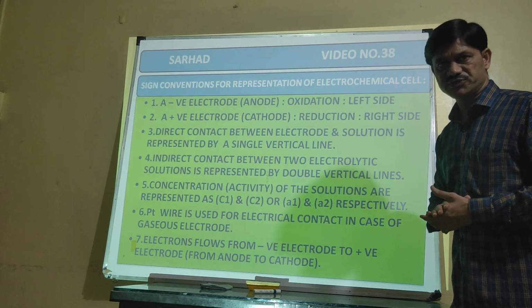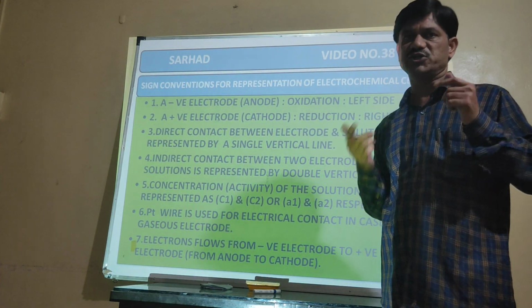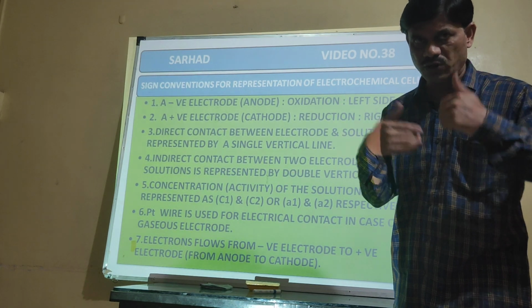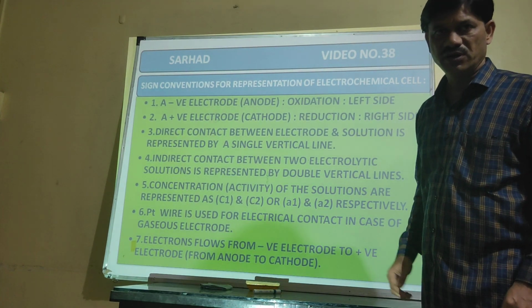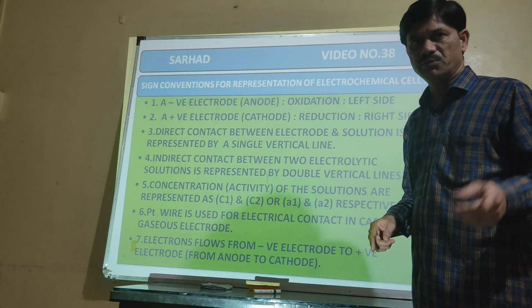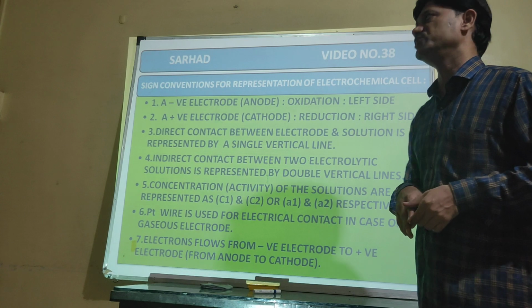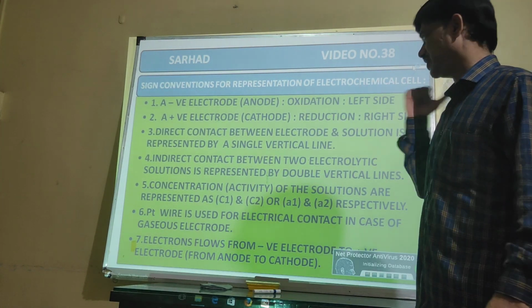Now tell me the reverse case. In case of cathode, a positive electrode which is acting as cathode, at which gain of electron occurs, that is nothing but reduction, and such an electrode on paper is always written towards the right hand side. So once again, the positive electrode behaves as cathode, shows gain of electron called reduction, and such an electrode you have to represent towards the right hand side.